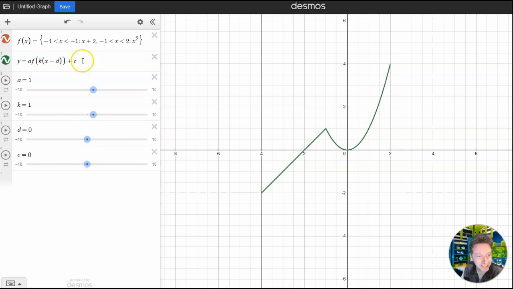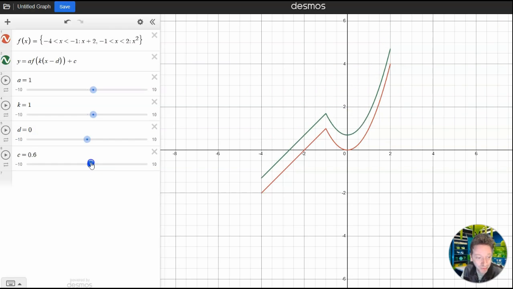Finally, what does c do right here on the end? Well, if I increase it, it looks like we have a vertical shift, upwards for positive values and downwards for negative values. So all I need to do is add that value of c to your y-coordinate to help you figure out what the new coordinate is.